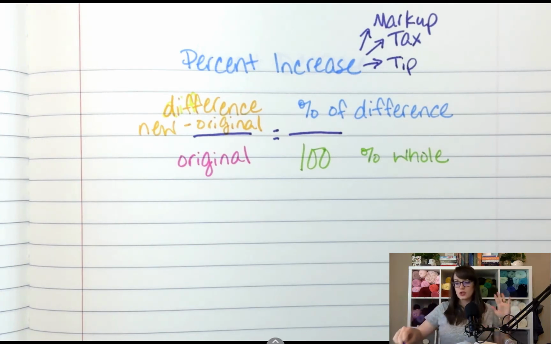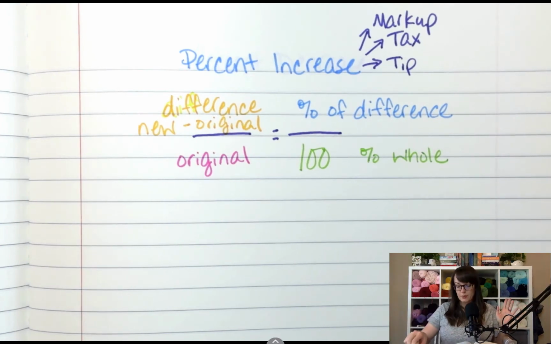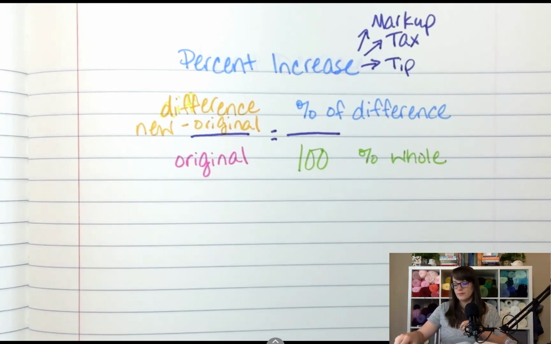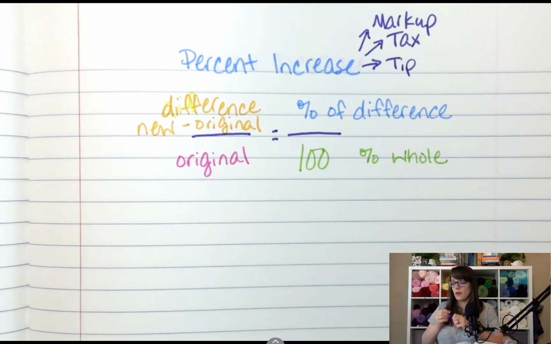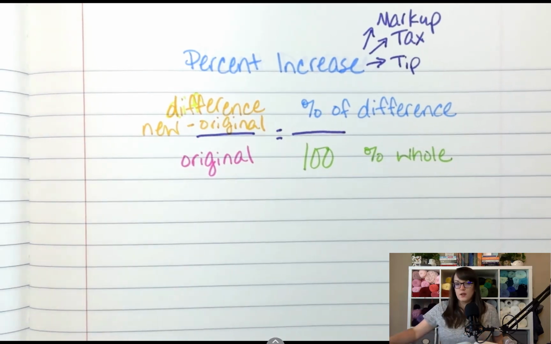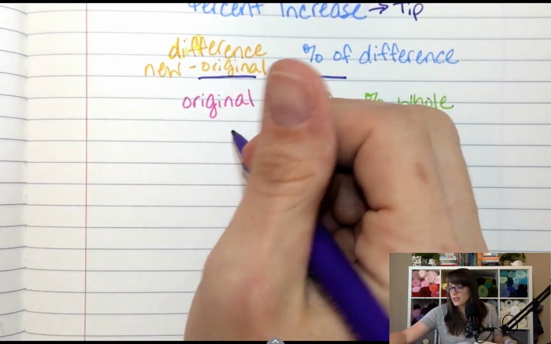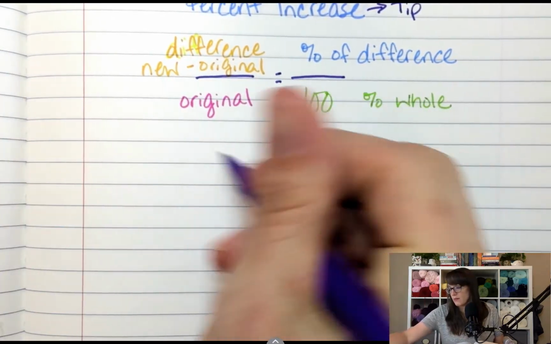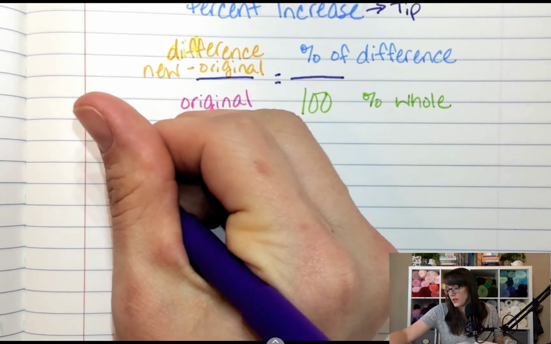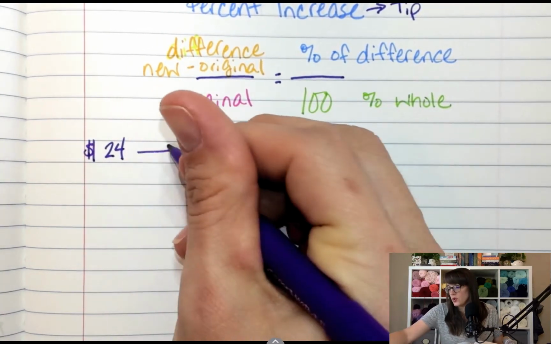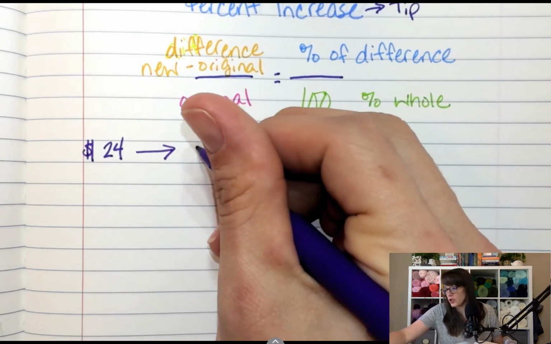So let's do two examples. The first example, I'm going to tell you the new and the original price. So I started with $24 in my pocket. So I currently have $24, but I'm going to increase that amount to $30.